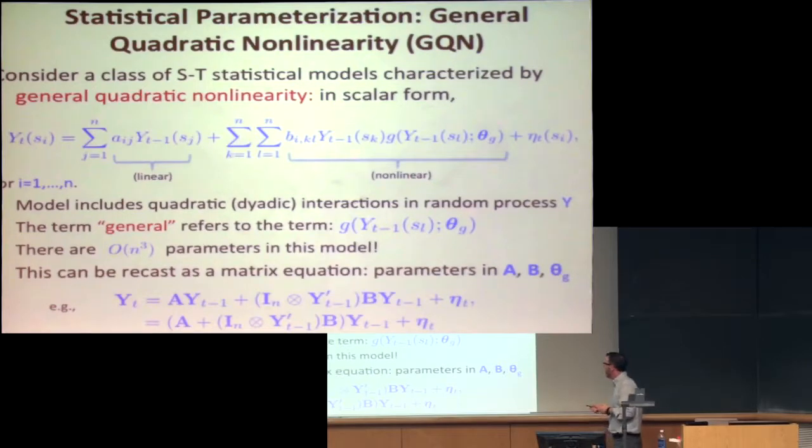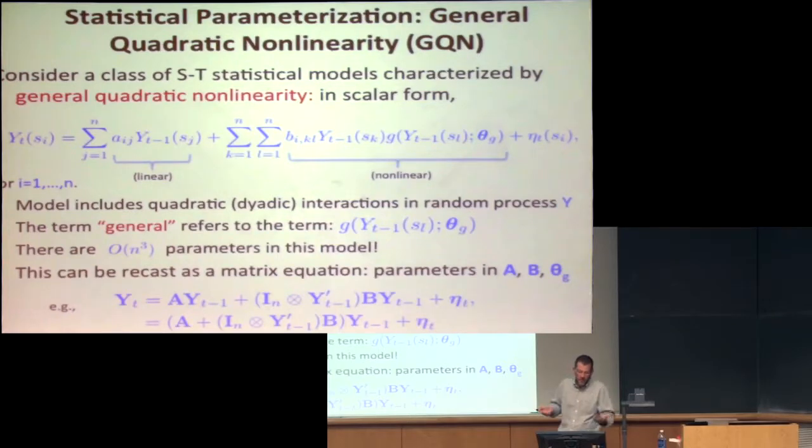But it's more than that. There's a parameter that controls that, but then we're also allowing for the possibility, and this is crucial in many problems, that there's a transformation of one of these. Okay, so it's this transformation of y, which is why we call this generally quadratic, kind of like generalized linear models. And there's parameters that control that. And it turns out that that can be really important for various reasons. It can accommodate growth processes, but also it can allow you to keep these models from blowing up.